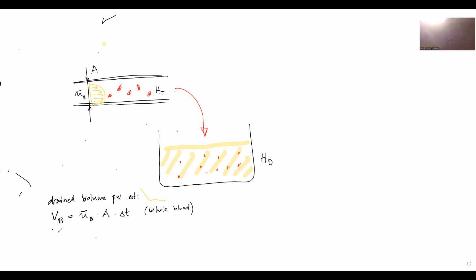Let's do the same thing, but only for the RBCs. And just for the sake of doing it, let's give the red blood cells a separate velocity, U_RBC, the mean red blood cell velocity.